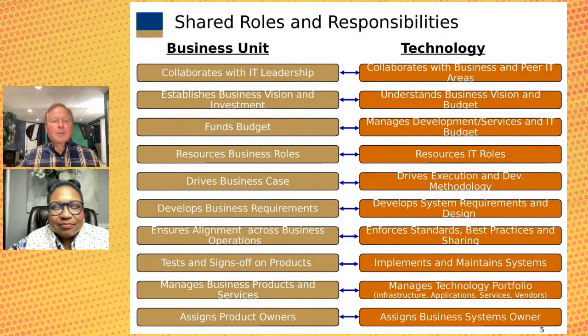To begin with, the business unit has to collaborate with that org model and all the roles and responsibilities in IT in a very deep and meaningful way. Likewise, the technology group is going to have to coordinate with that business plus all the peer IT areas. So you're going to be really collaborating like this.